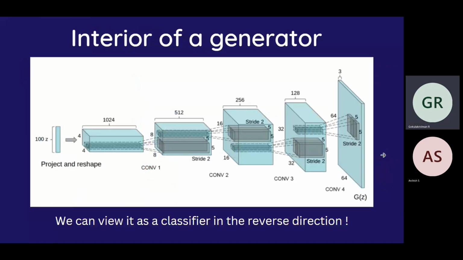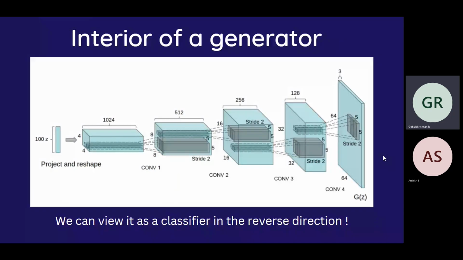Here you can see the architecture of the generator. If you see the code of a GAN, you'll be able to see this implemented in it. You can get a rough idea: the first input is a 100 cross 1 vector, which is basically the latent vector, so it has 100 random numbers.